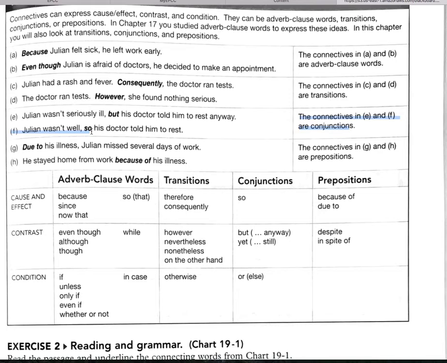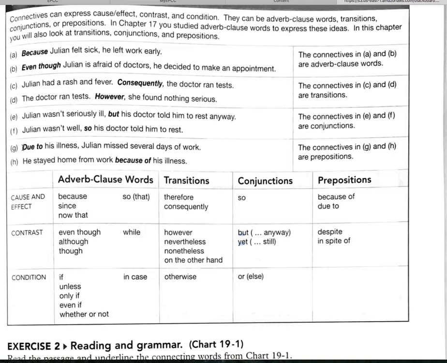It's a conjunction used to show contrast. So is a conjunction used to show cause and effect. So the connectives in E and F are conjunctions. If you notice here are your conjunctions in this list here. Okay? And, so shows us cause and effect; but and yet show us contrast.